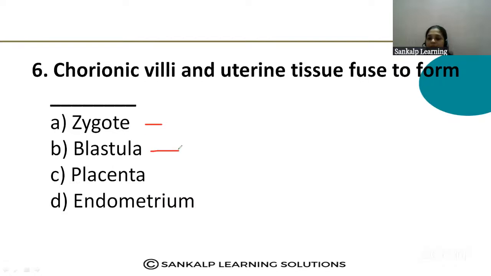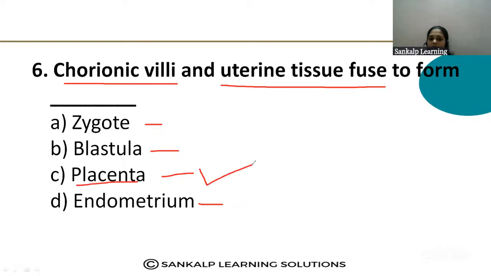Blastula is the developmental stage of the embryo. Endometrium is the part of the uterus, but placenta is formed by the chorionic villi and uterine tissue. When they fuse, they form the placenta. So the correct answer is option C. Option B is not the correct answer.